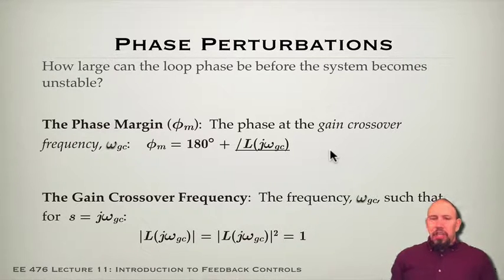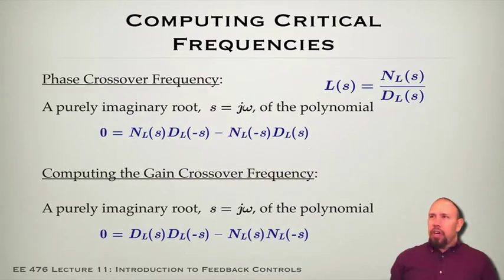We talked about these in EE 314, and we've also talked about how to actually compute the phase crossover frequency and the gain crossover frequency. Basically, it involves computing roots of polynomials. And so we have a polynomial like this. We're looking for a purely imaginary root of this. If there's a phase crossover frequency, it will occur at a purely imaginary root of this polynomial. The gain crossover frequency will occur as a root of this polynomial.